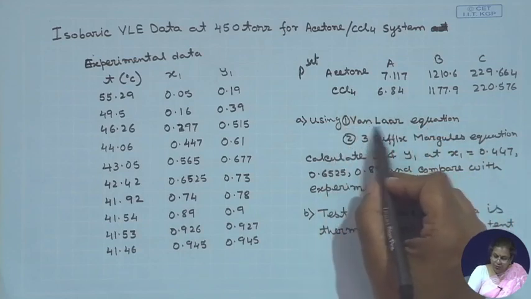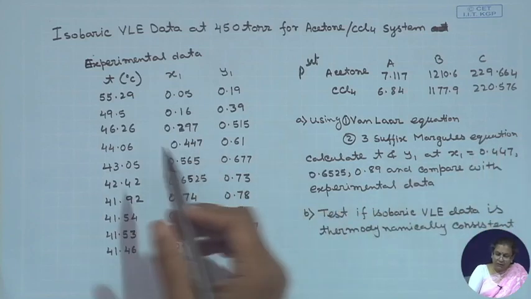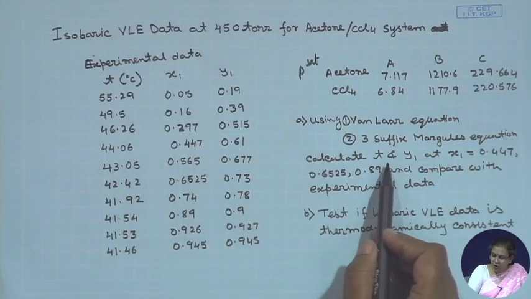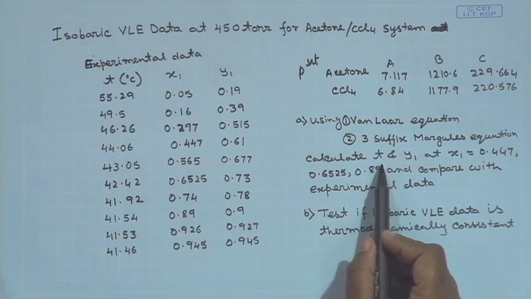Then, using the Van Laar equation and the 3 suffix equation, in the same way you can find the constants A1 to A21 and constants B1 to B21. Once you know those constants, we assume that they do not vary with temperature.